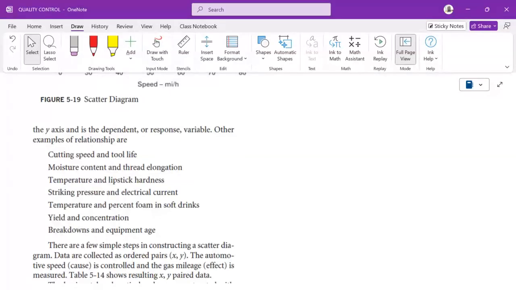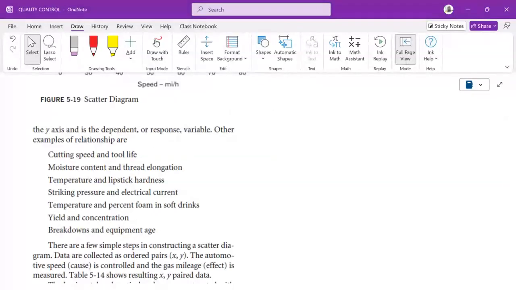Temperature and lipstick hardness. Then striking pressure and electrical current, so that's lightning. Temperature and percent of foam in soft drinks. Yield and concentration, that's mostly like of juice: the more you add your juice into your water, concentration. And then breakdowns and equipment age.